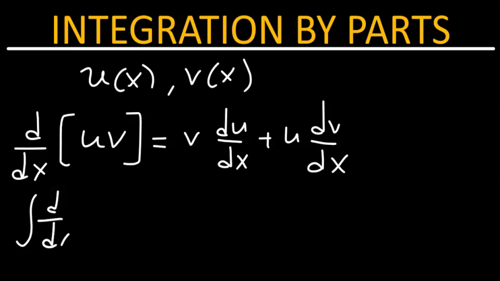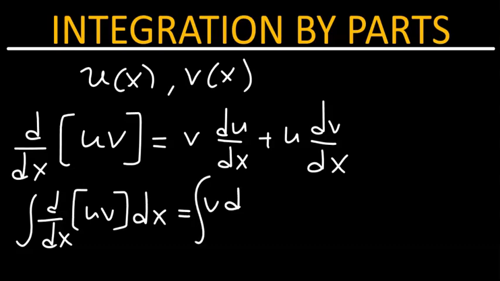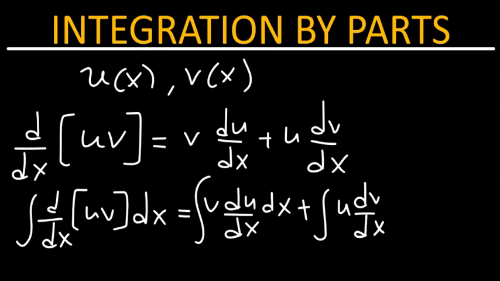The integral of d/dx of uv dx equals the integral of v du/dx dx, integrated with respect to x, plus the integral of u dv/dx, integrated, of course, with respect to x.